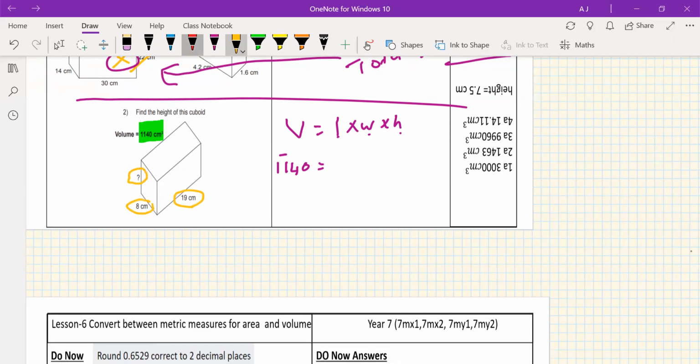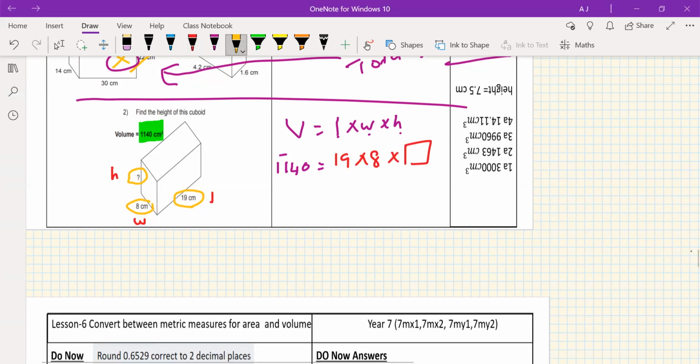I'm going to label those three here. I'm going to keep the 8 centimeters as my width, 19 centimeters as my length, and the question mark is going to be my height. So the question here is, I need to work out the height. Length, I know that's going to be 19, it is given in the diagram, times the width, which is 8 centimeters, which is also in this diagram, times the height, we don't know.